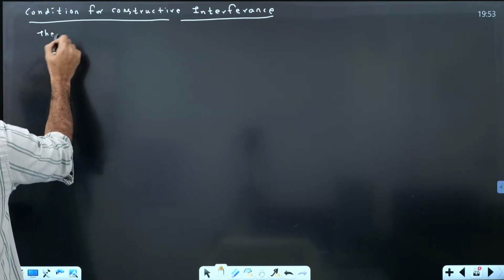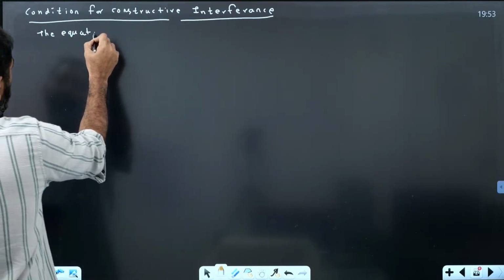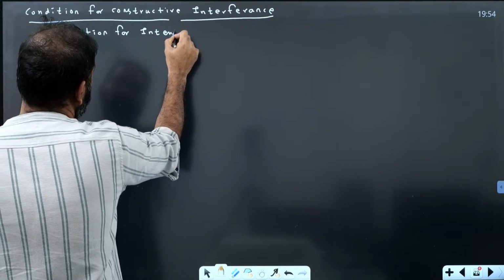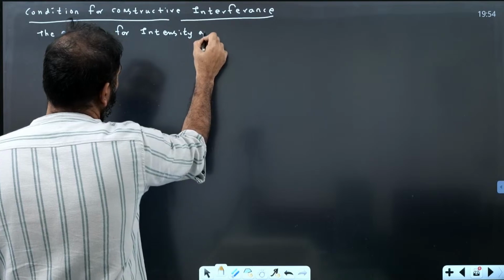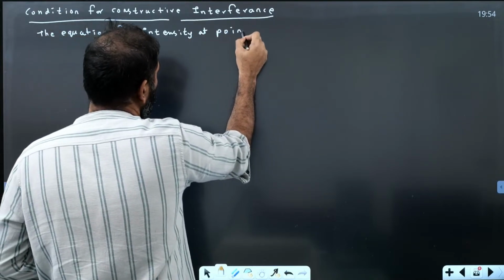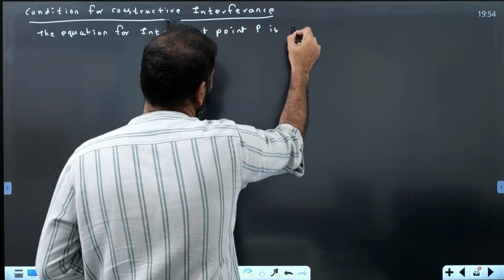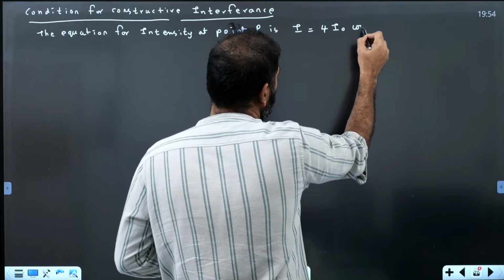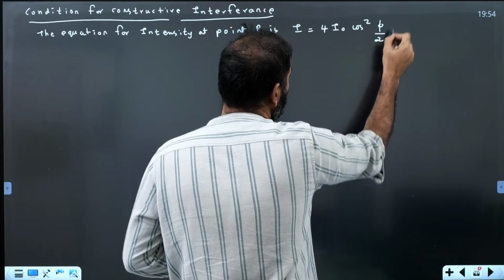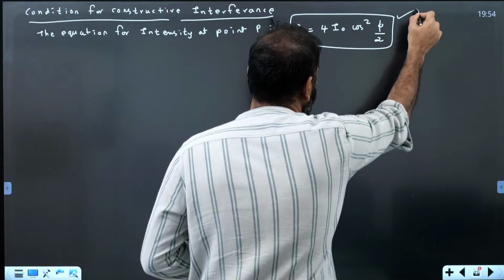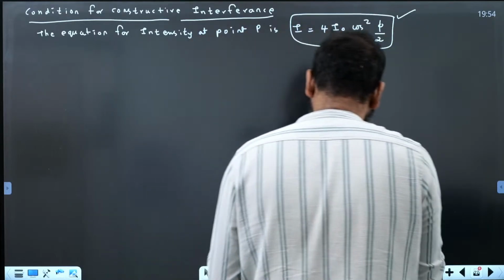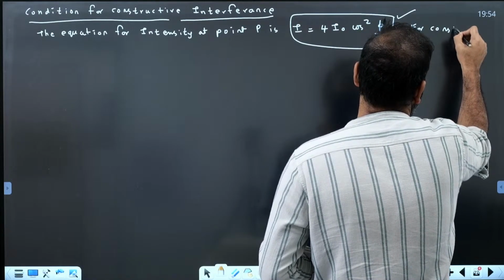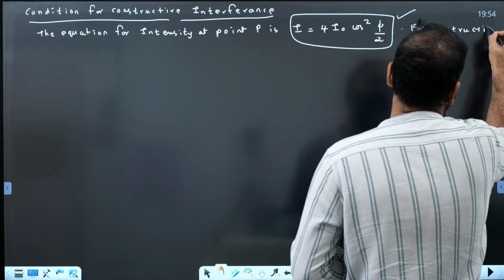The equation for intensity at point P is what? I is equal to 4I0 cos square phi by 2. This is the equation for intensity. Now, constructive interference means what?